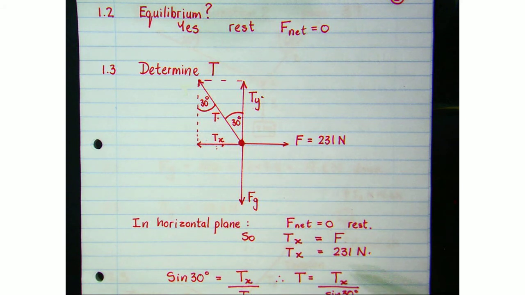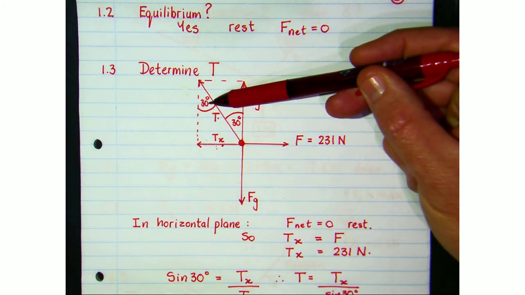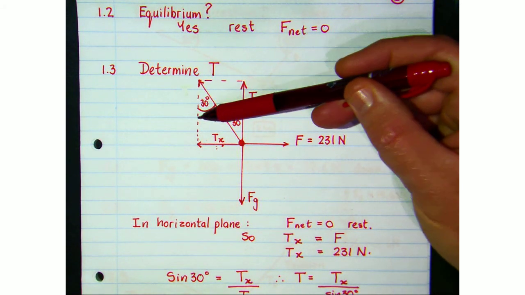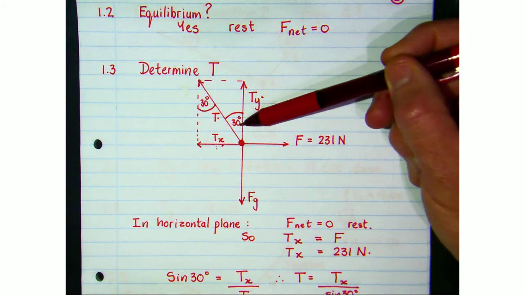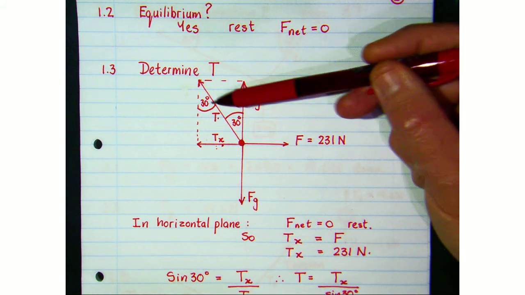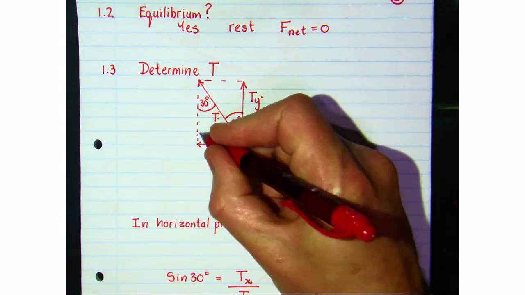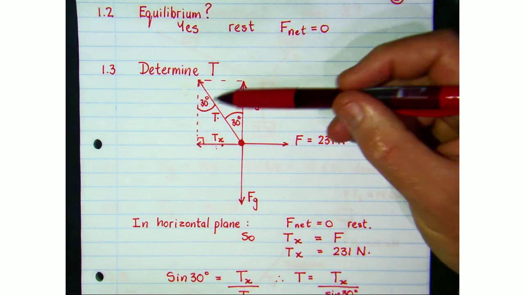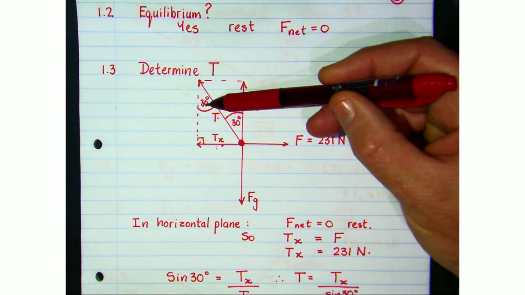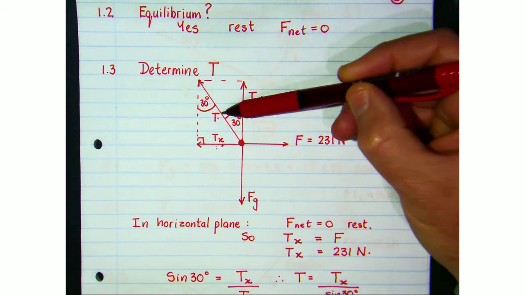Well, if we know this angle here, 30 degrees, and remember alternate angles could put that angle there at 30 degrees. But if we just worked in this right angle triangle here, it's a right angled triangle, so we can use sine. Sine would be opposite over hypotenuse.